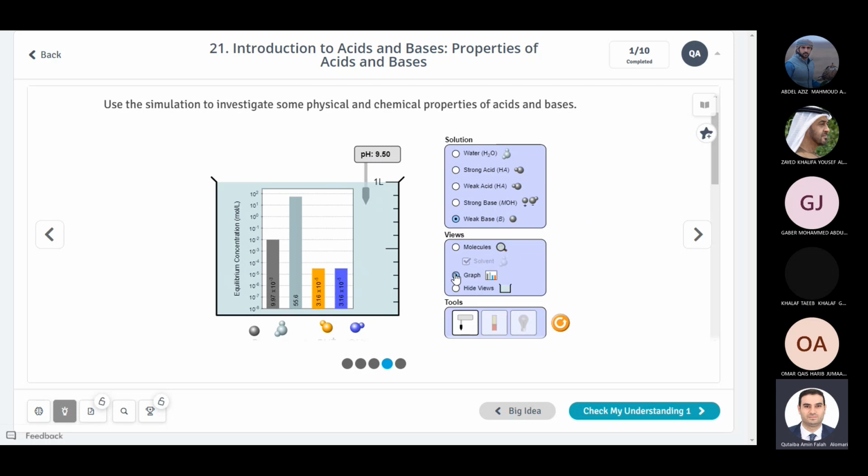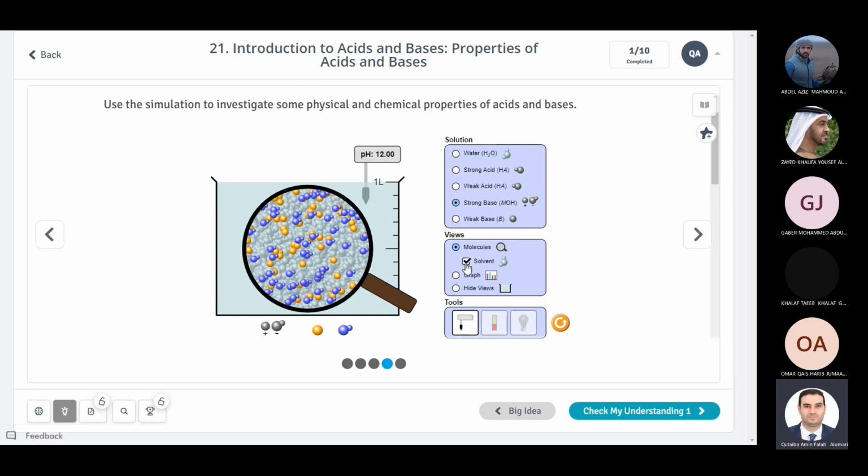If you want to see the values, the graphs, you can see that. But at this level, you still don't understand what these values mean. We can go back to this whenever we get to the pH lesson.